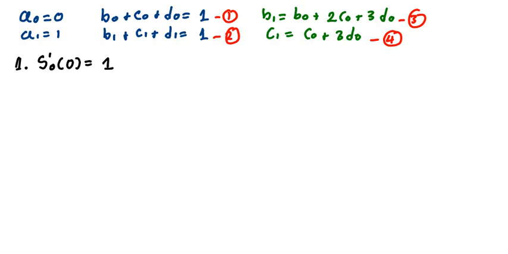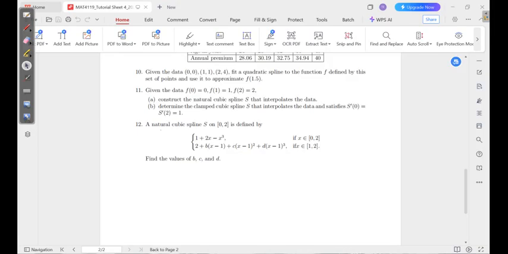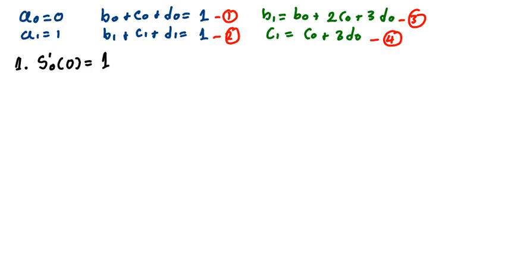I know this might seem a bit off, but let me show you where this is coming from. It's actually been given in the question. In the question I've been told that s prime of 0, our initial boundary condition, is equal to 1. Even our second boundary condition is equal to 1. So that's where I'm getting that from. That's what we are given. That's the first part about the clamped boundary conditions.